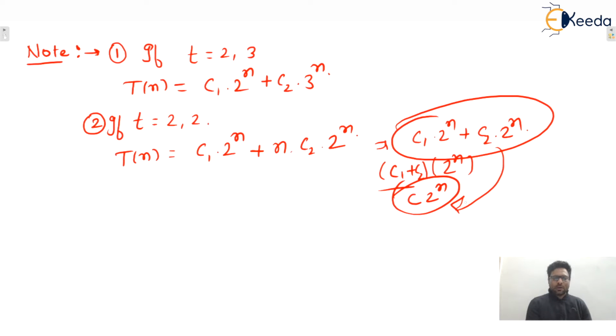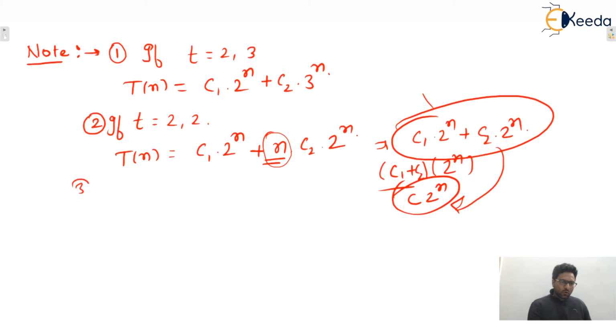That is not a part of the procedure. The procedure says we need to multiply the second term with n to differentiate both the terms. Now we cannot merge these two terms.